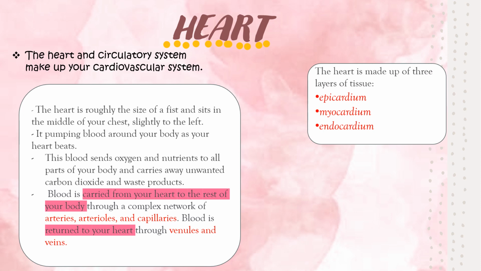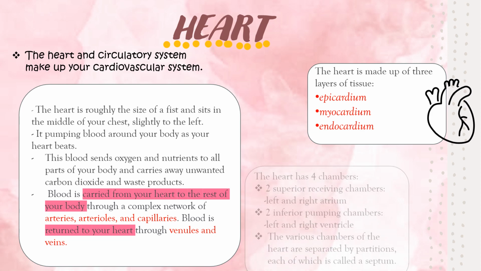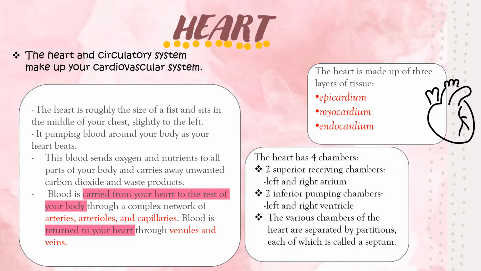As we know, the heart is made up of three layers of tissue, which are epicardium, myocardium, and endocardium. Basically, the heart has four chambers: two superior receiving chambers, which are the left and right atrium, located at the upper part of our heart, and the other two are inferior pumping chambers, which are the left and right ventricle.